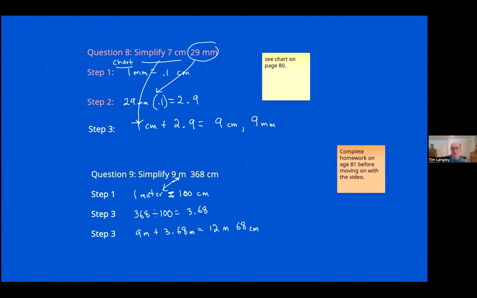I've got 368. If I divide it by 100, that gives me 3.68 meters. Okay. So I can take my original 9 meters in step three, add it to my 3.68 meters, and that gives me 12 meters. But there's that 0.68. So it's 12 meters and 68 centimeters would be my final answer.